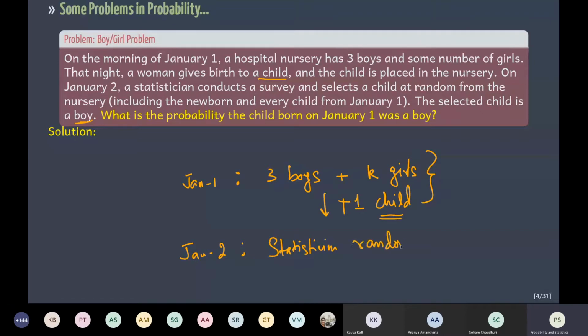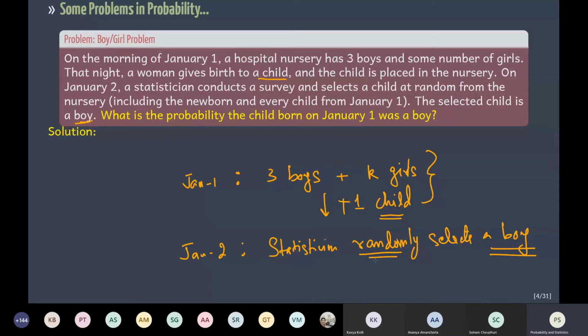This is also important, randomly. Now the question is, what is the probability that the child born on January 1 was a boy?